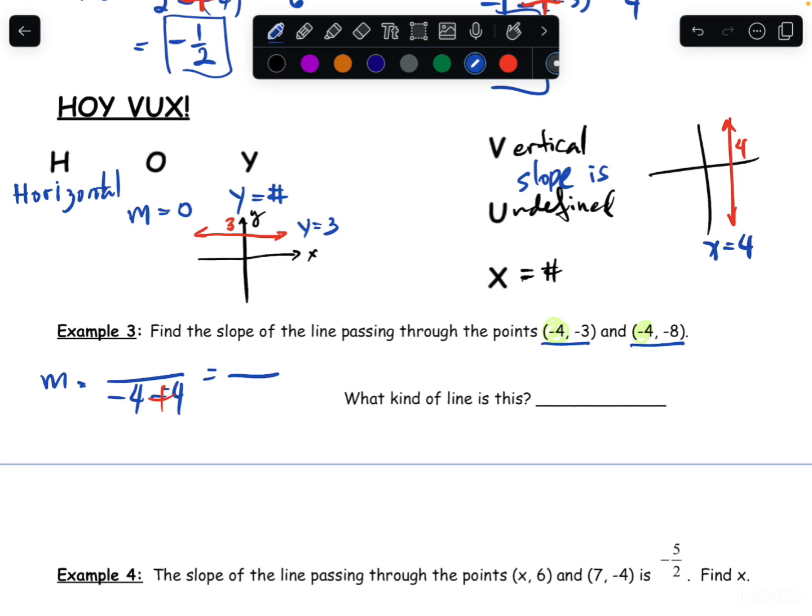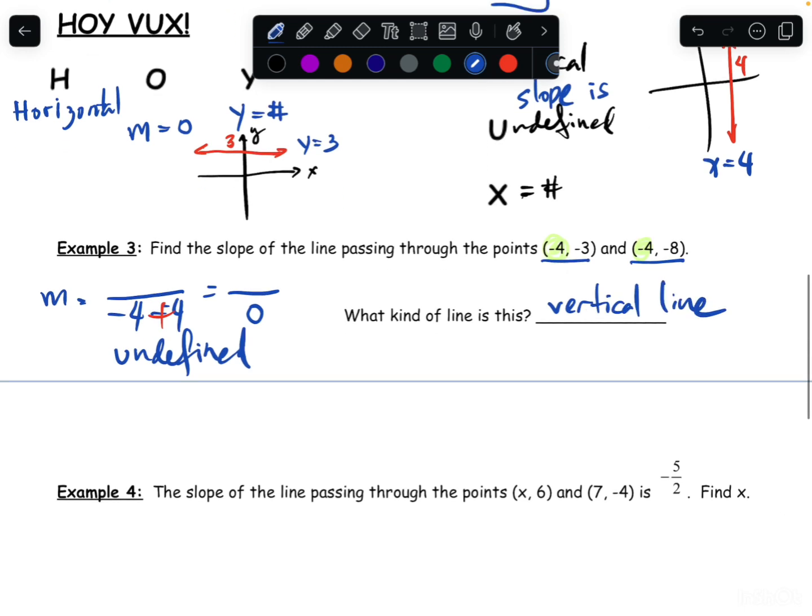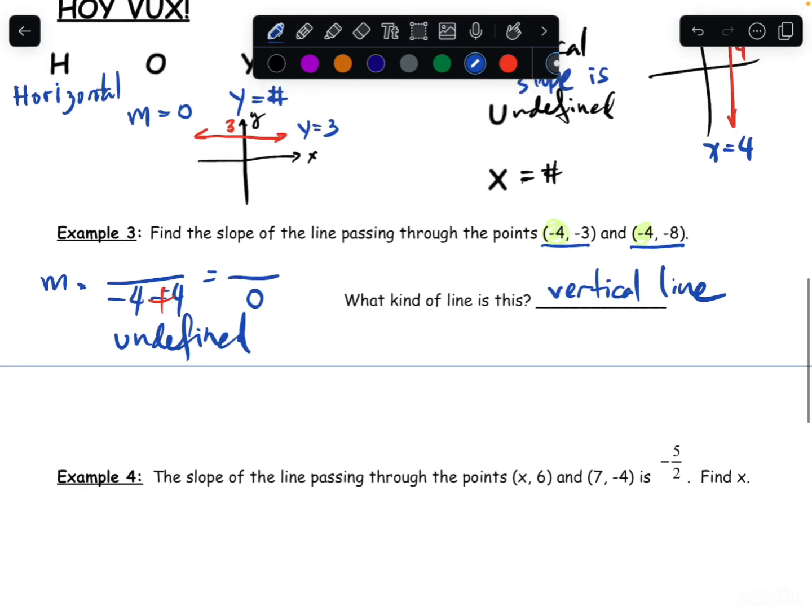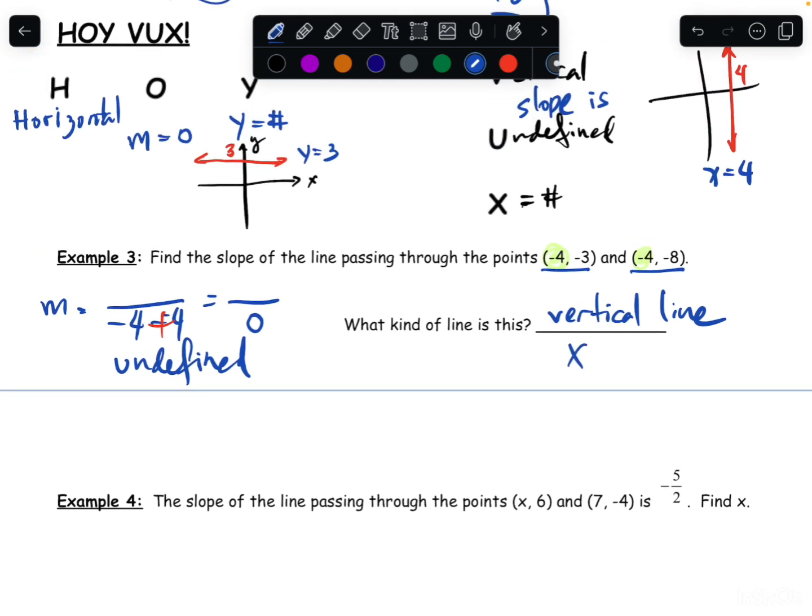And this becomes 0. So automatically we know that our slope is going to be undefined. So what kind of line is this? This is a vertical line. Okay. And your equation actually is x is equal to -4, right there.